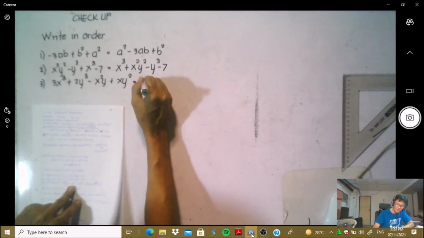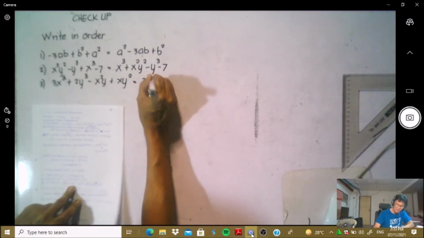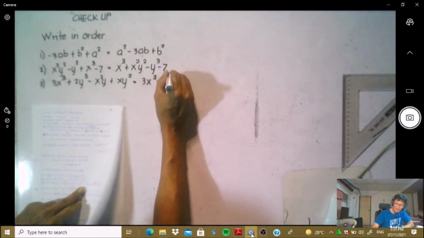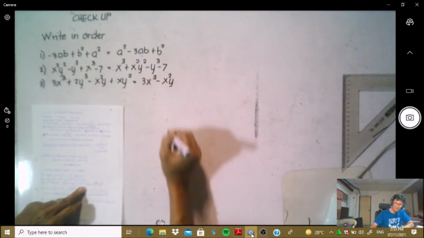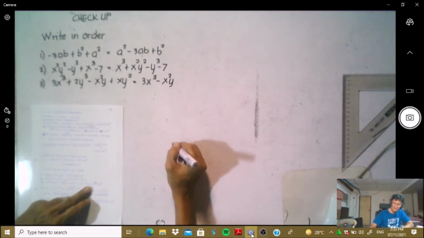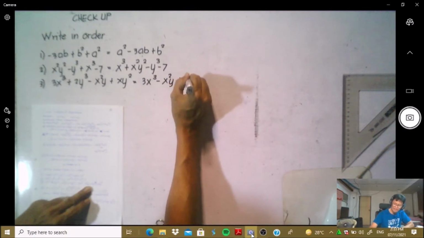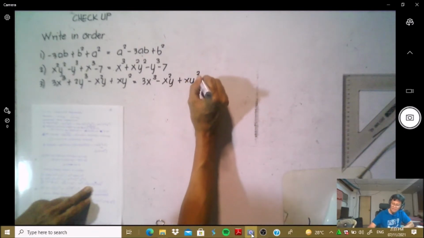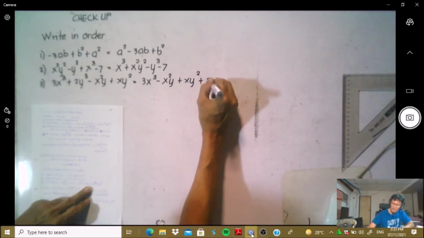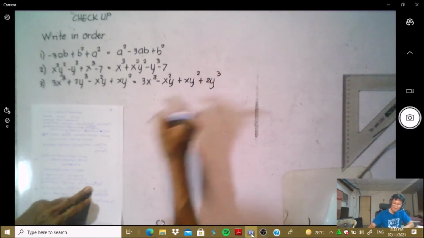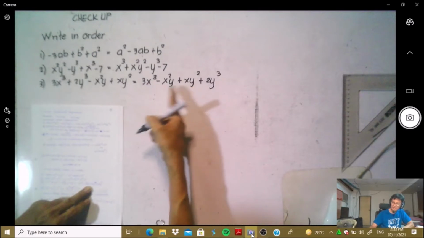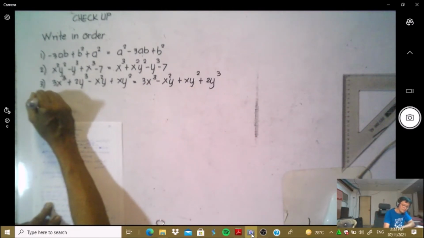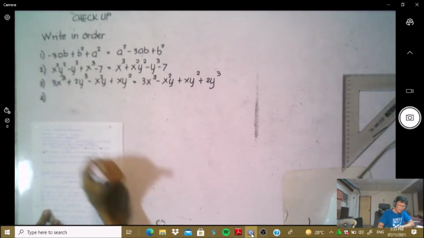We have 3x cubed, then minus x squared y, next will be plus xy squared, then last will be 2y cubed. Okay, so let's check. We have x cubed, x squared, x, then y squared, y cubed. Okay, we are correct.